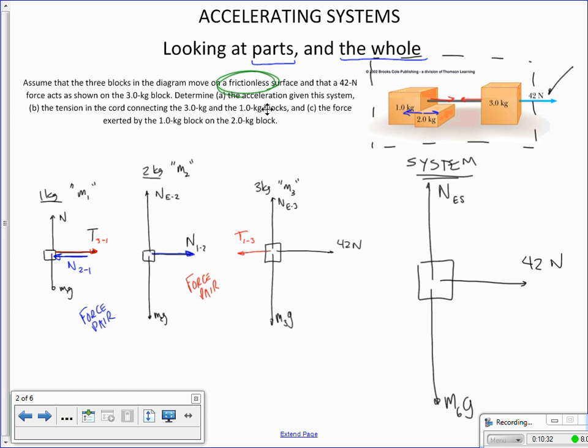Those are parts of the system exerting forces on each other. And so what we're doing when we look at the system is looking at interactions between the system and the outside world. This 42 newtons comes from something else. We don't know what it is, but it's not the 3 kilogram mass somehow exerting that 42 newtons of force. That doesn't happen.